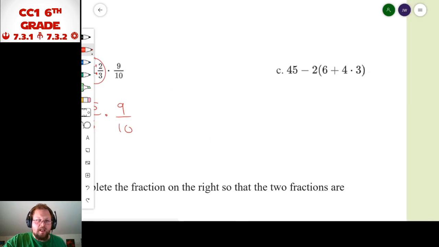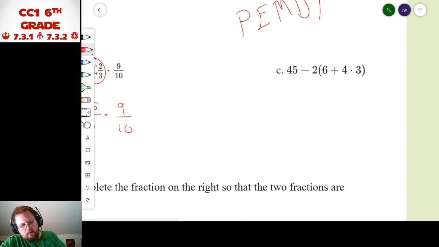On part C, I will give you a word of caution. Do not do 45 minus 2 first, and in that same vein, do not do 6 plus 4 and call it 10. You cannot do that. The very first spot you look is you're following PEMDAS. Please excuse my dear annoying sister.